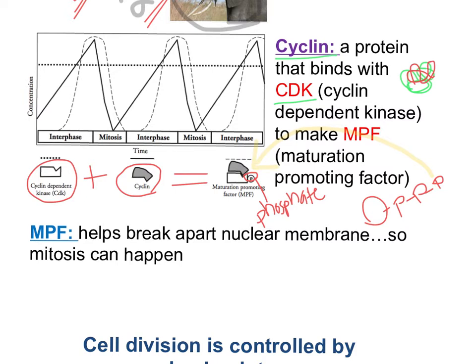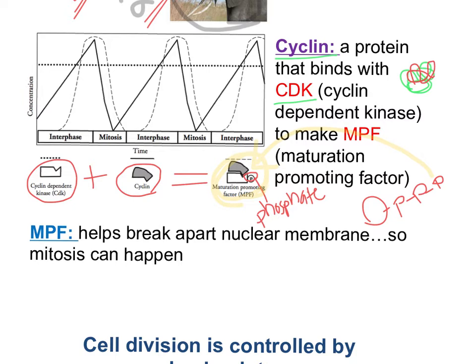And when the protein gets that phosphate, it causes a shape change that allows that protein to do a new job. So we then say it's like an energized protein. So my MPF here is an energized protein. It has a phosphate, it's made of cyclin, and it's made of CDK. And that MPF now can do a job that it couldn't do before.